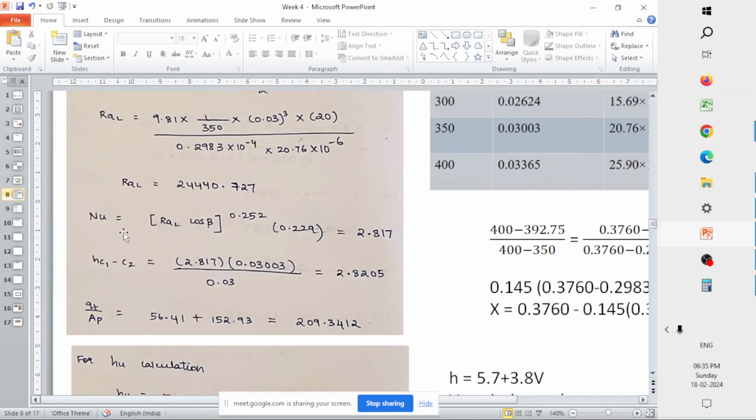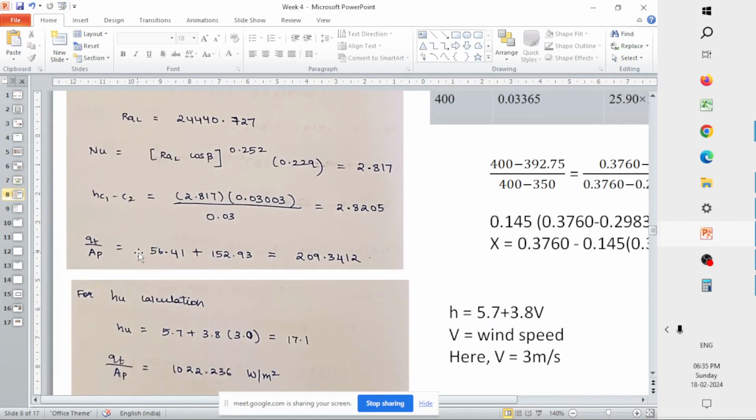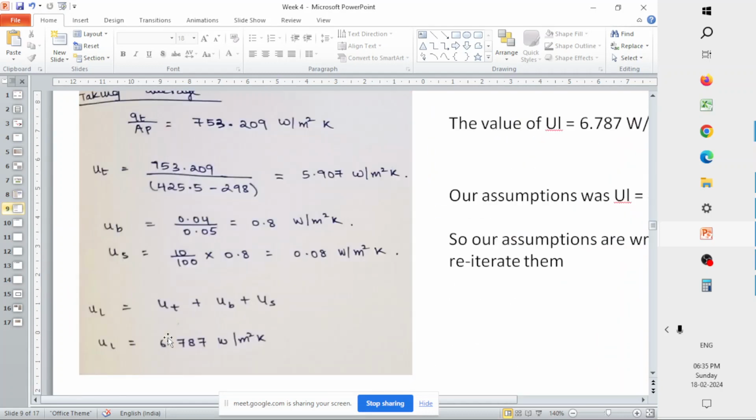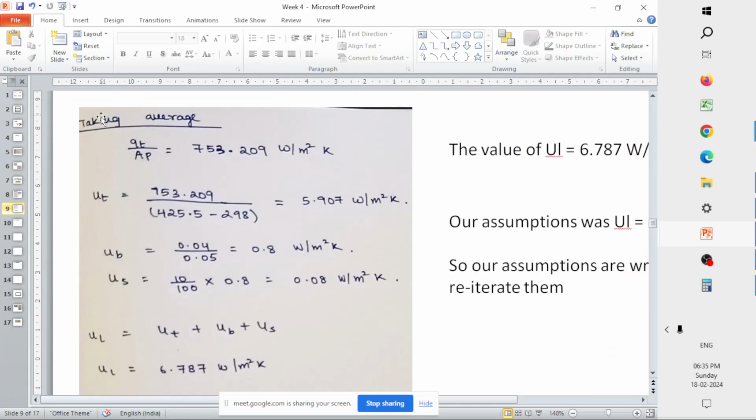Now you know the QT by AP due to HPC1, HC1C2 and then H of C2 to atmosphere. You take the average of all these values, and the QT by AP average will be 753.209.